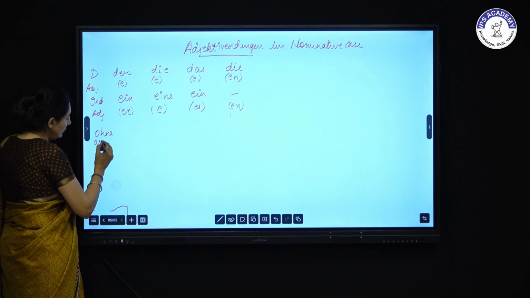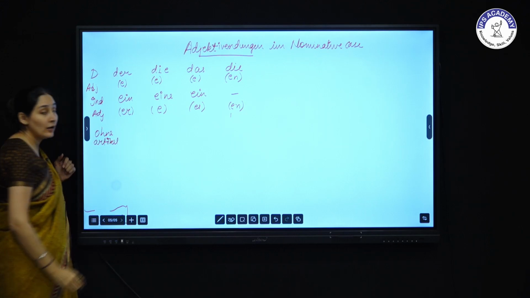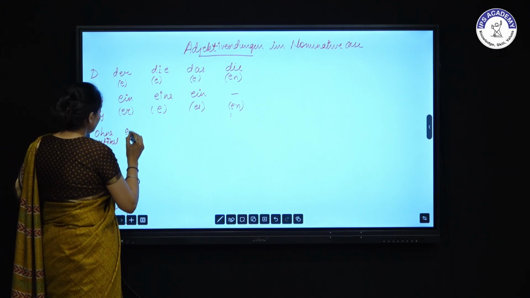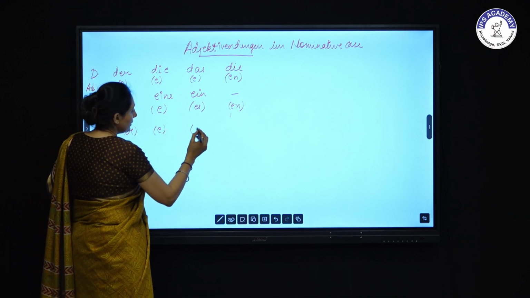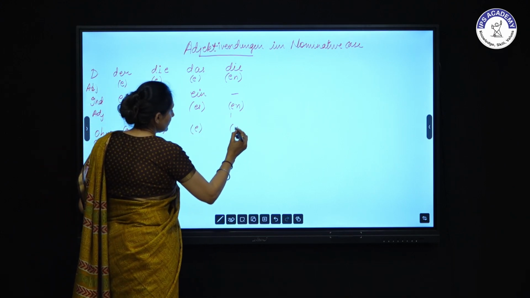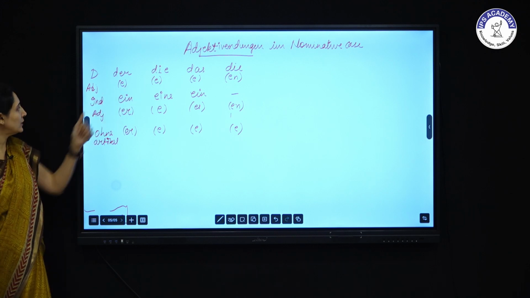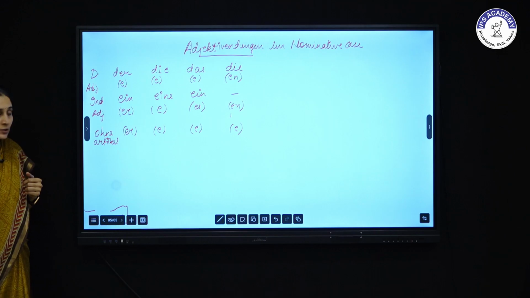Without article, there are nouns which take the adjective Endungen as er, e, es, and e. So according to this, we have these adjective Endungen, and with the help of this, we'll be seeing some phrases related to it.